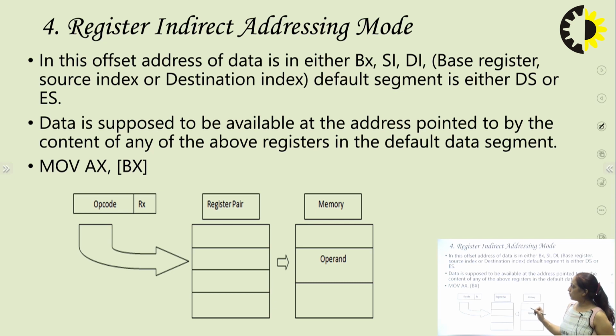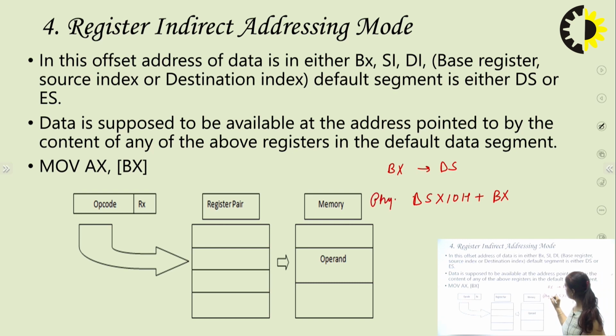MOV AX, [BX]. We know that for BX, the segment is your data segment. So the address will be calculated in this way: the address of the data segment will be multiplied by 10H plus the offset address of BX. This will be your physical address.